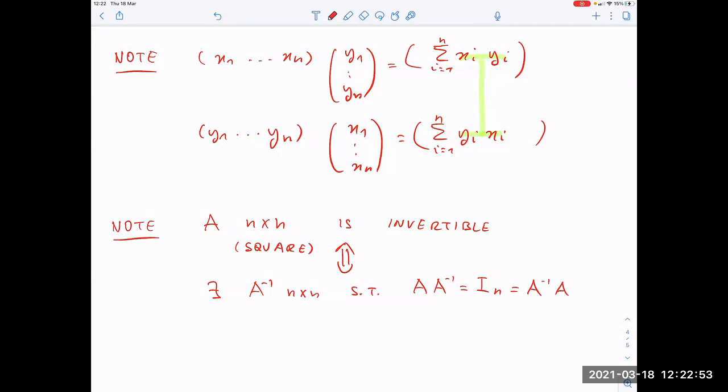This is the definition of invertible matrix. This is the definition of inverse. So it is invertible if and only if the inverse exists.